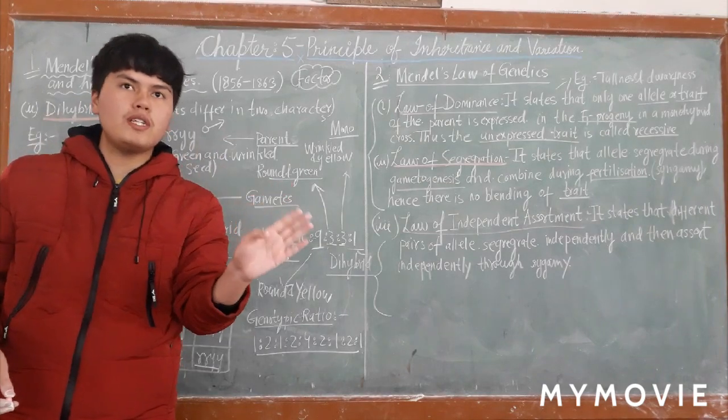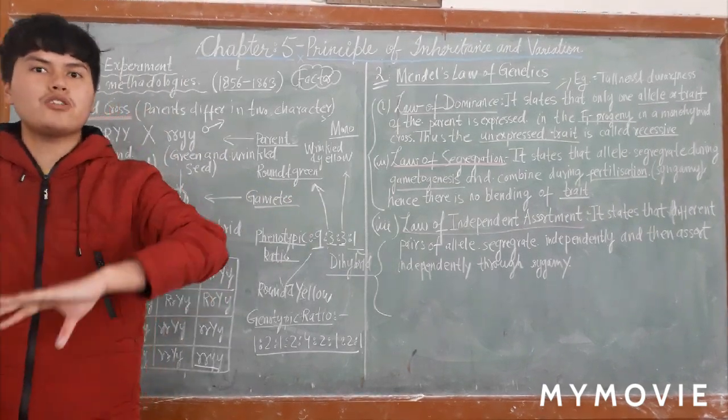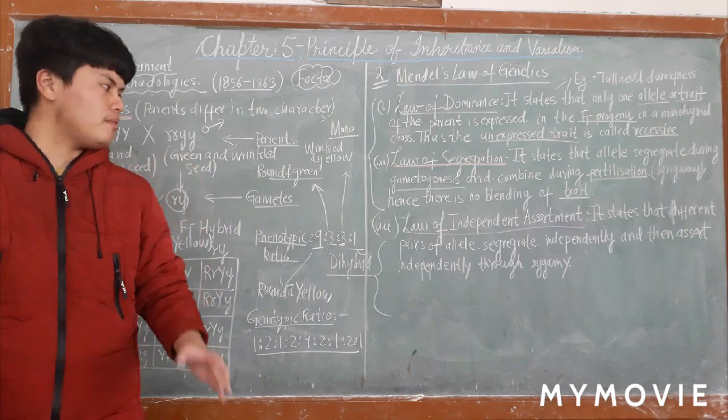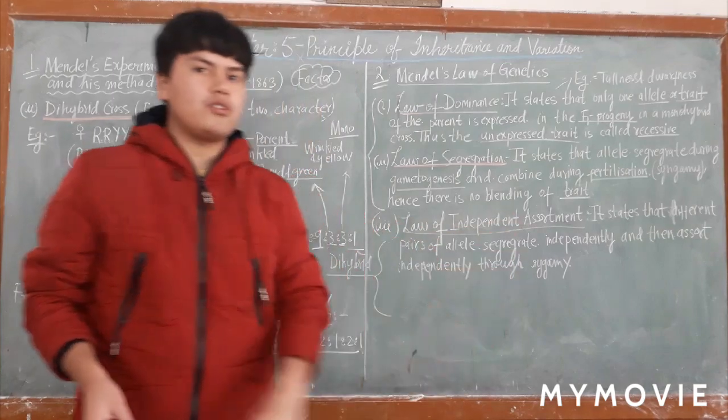One pair of allele will not interfere with the segregation of the other allele. This is also the independent assortment law.